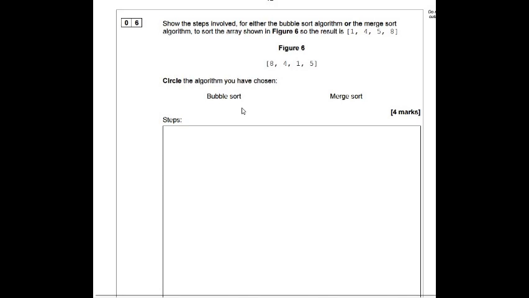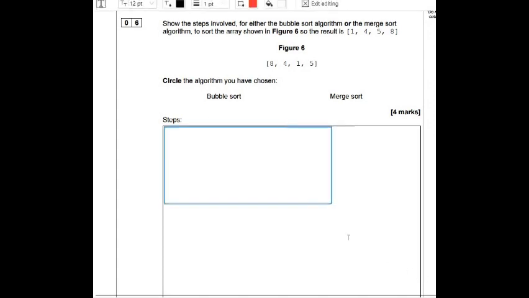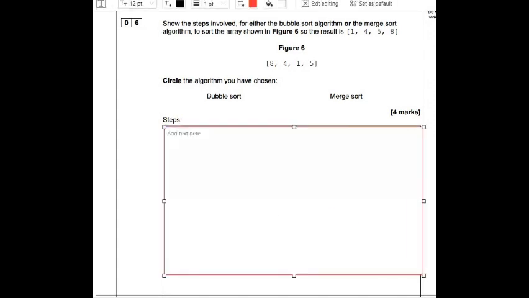So let's say I want to do a bubble sort. We're literally writing down the instructions. So you say 8 and 4 are swapped. 1 and 8 are swapped.